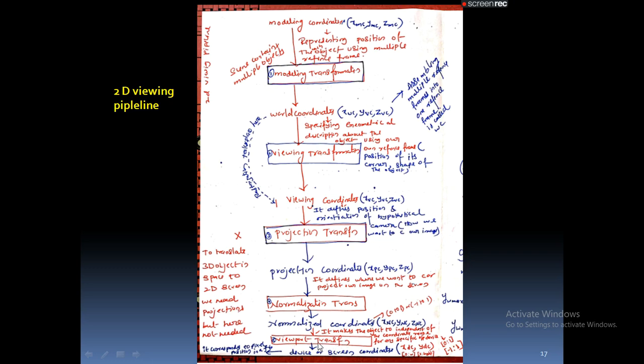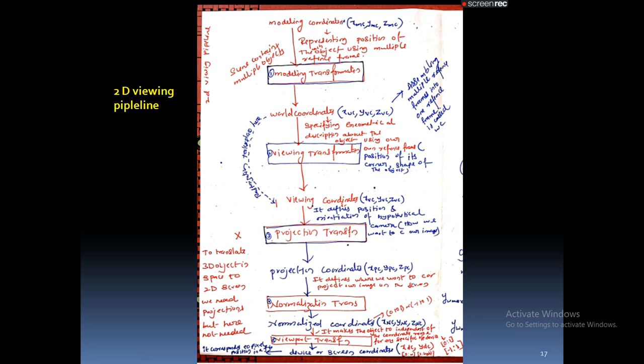So what this viewport transformation will do means it maps normalization coordinates to device or screen coordinates. So these are the sequence of transformations we performed whenever we want to display any created image on the screen of the monitor.